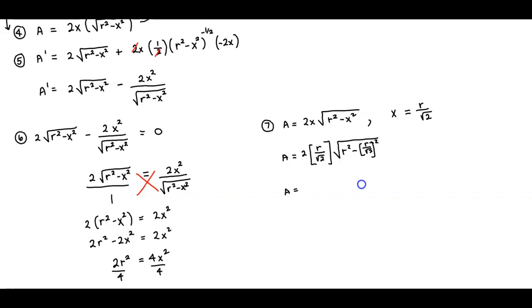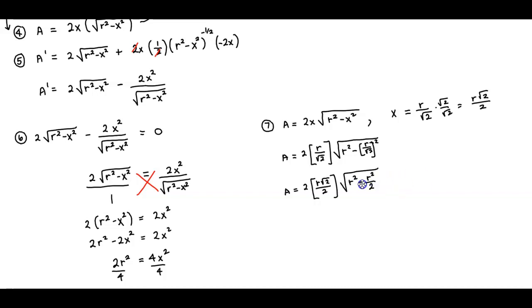If we write r over the square root of 2 by rationalizing the denominator, recall that this becomes r times the square root of 2 over 2. So this is 2 times r times the square root of 2 over 2, times the square root of r squared minus the square of r over the square root of 2, which is r squared over 2.